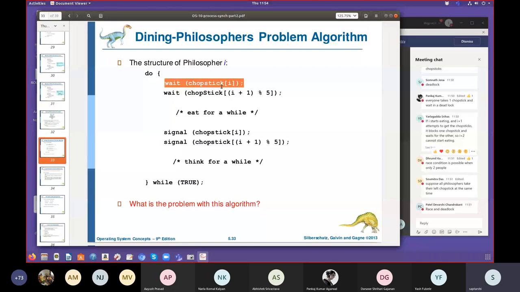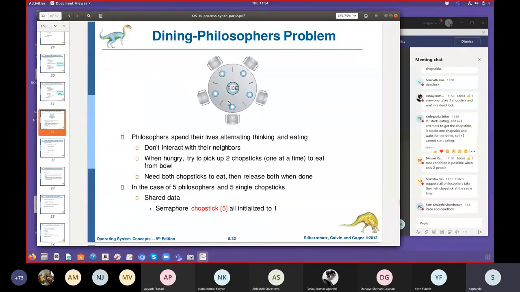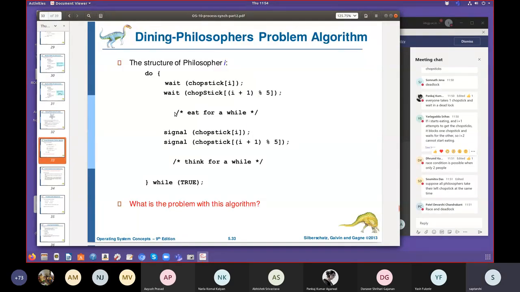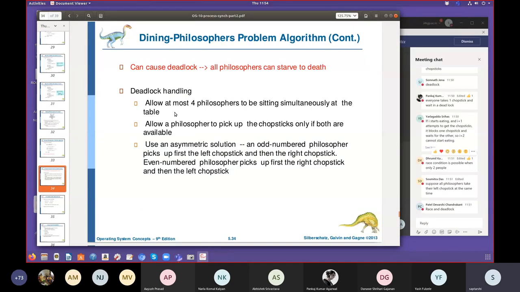So it can happen that every philosopher grabs one chopstick. Going back to the picture, every philosopher grabs his or her left chopstick. So now there is a deadlock, because every philosopher is waiting for another chopstick, but that chopstick can only be released by another philosopher who is also waiting. Okay, that is the problem. So basically all philosophers can starve.